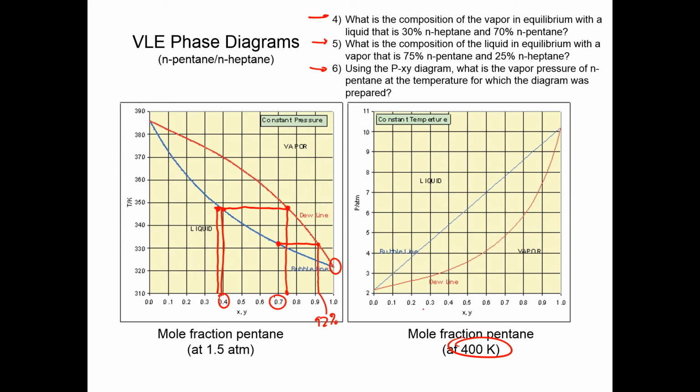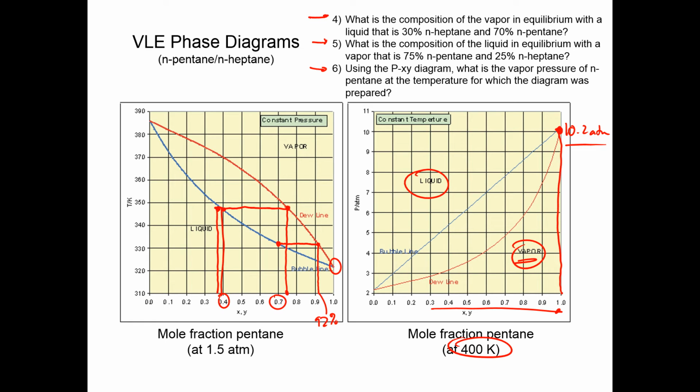Okay, so I'm going to come over here to just pure N-pentane, and then come up to the pressure at which this goes from liquid to vapor. Okay, so at higher pressures, as the pressure increases, we're going to have liquid, and at lower pressures we're going to have vapor. Okay, so this is at 10.2 atmospheres.